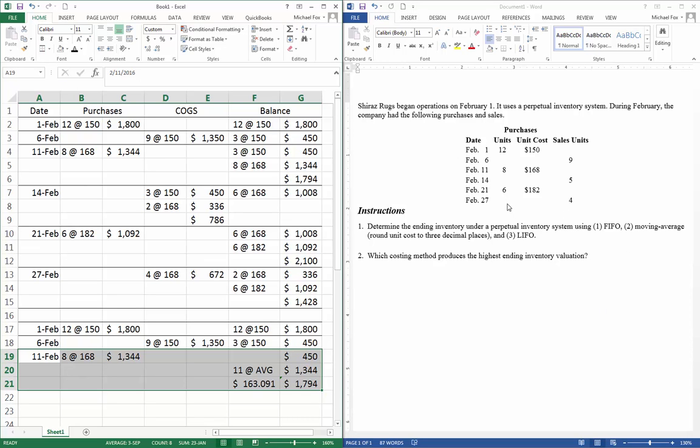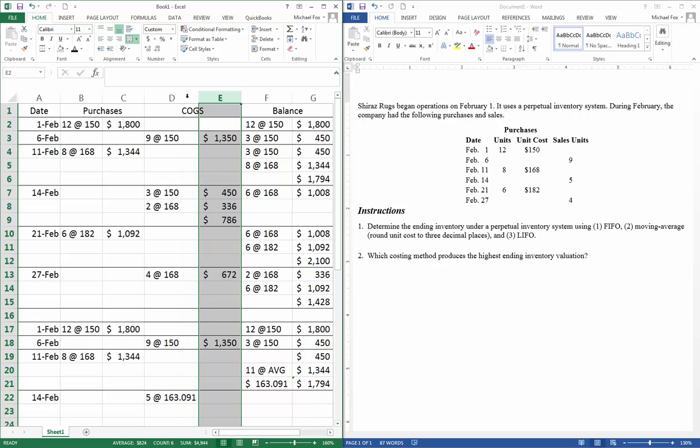Then, on the 14th of February, I sold 5 units at 163.091. This is why I have to figure out the average.